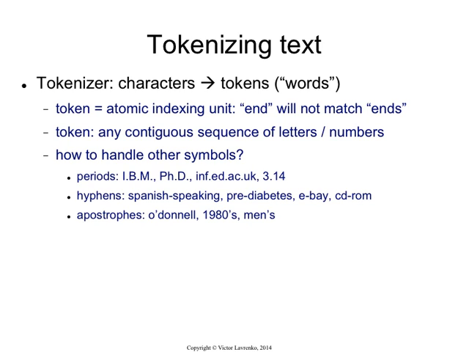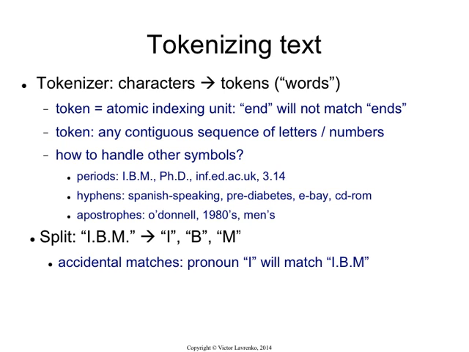For example, IBM, PhD, 3.14, what should you do with those? They can be periods, hyphens, apostrophes, and really anything in between. So what's the right way to deal with those characters? It turns out that, unfortunately, there isn't a simple answer. Whatever you do is going to cause problems.